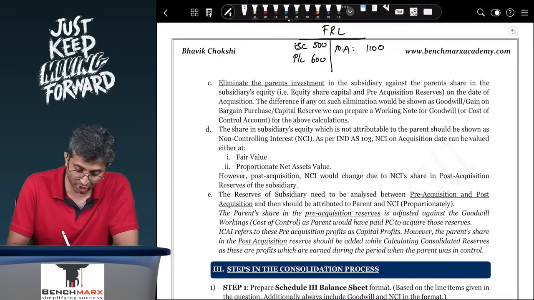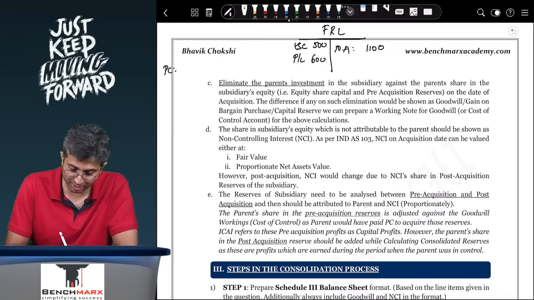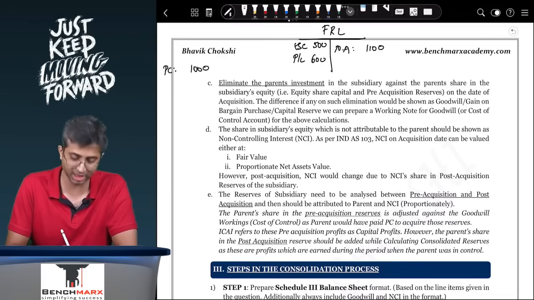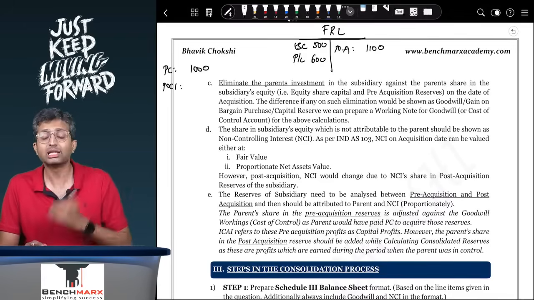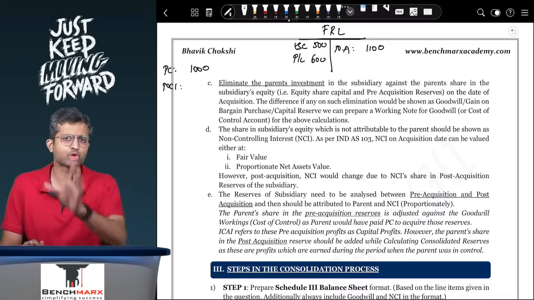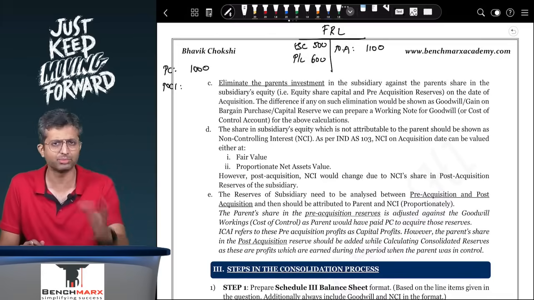Now, there are two ways in which you can calculate goodwill. We can say PC, that is purchase consideration, is 1,000 for a 70% stake plus non-controlling interest, which can be measured typically using the proportionate net assets method. There is also another method, which is called the fair value method, which you might have done in business combination.